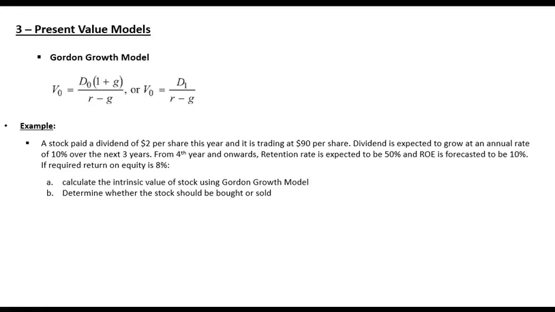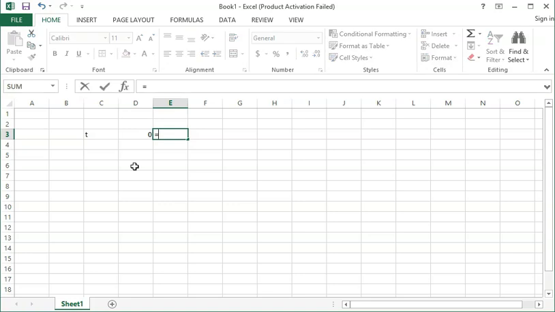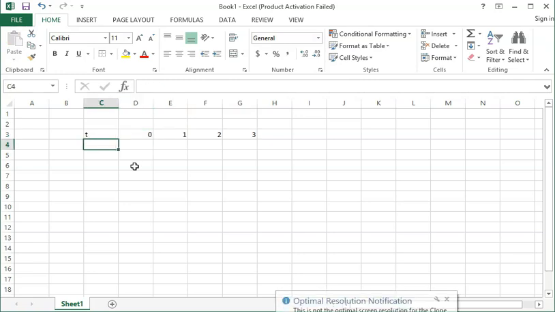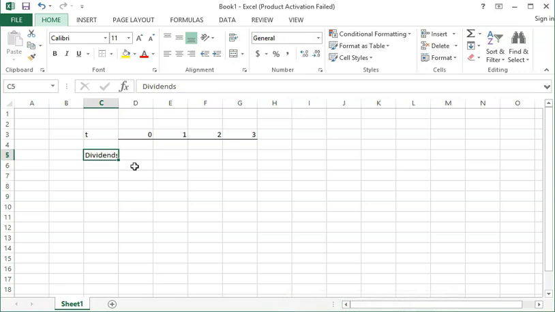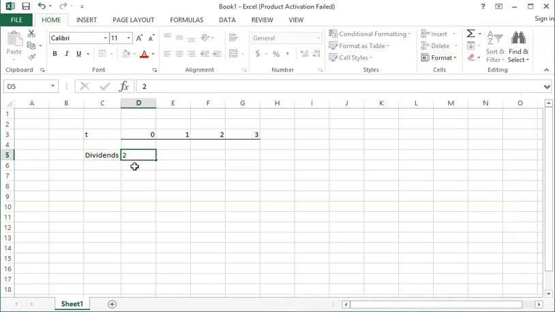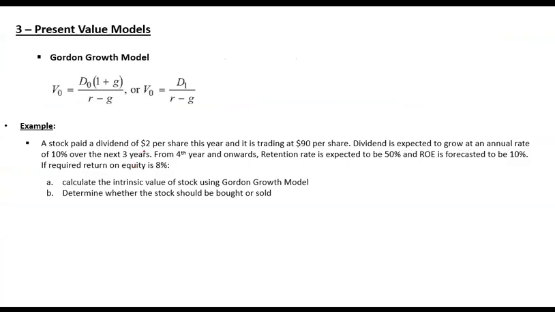Again, do it on Excel and add periods 0 plus 1 till 3. Second is listing down the dividends. The dividend is 2 in year 0, then it grows at 10% for the next 3 years.